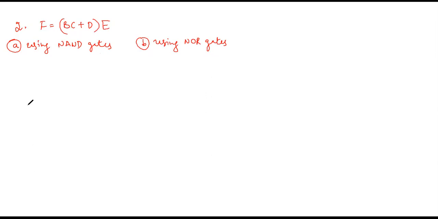Only step 3 will be different. Try this one and tell me how many NAND gates we are using in the final structure, how many NOR gates we are using in the final structure.